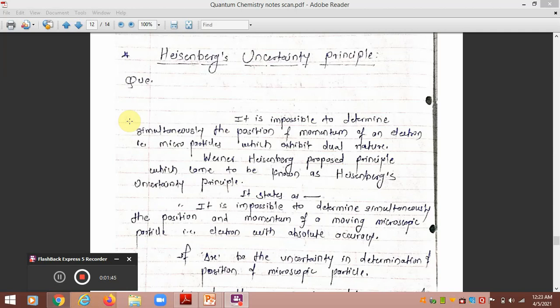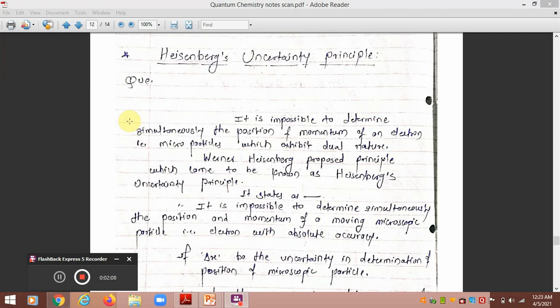In the last part we discussed the dual nature of subatomic particles like the electron. They show wave nature and particle nature, and because of the wave nature they also show another phenomenon known as uncertainty in position or uncertainty in momentum.